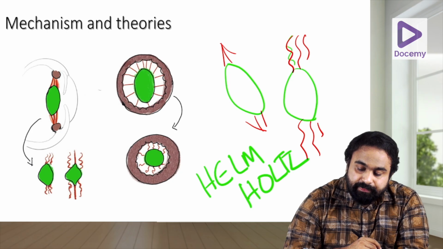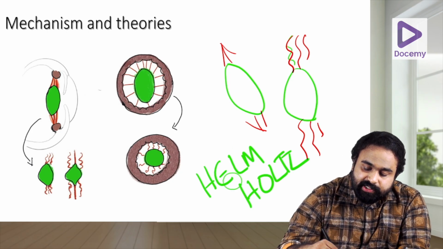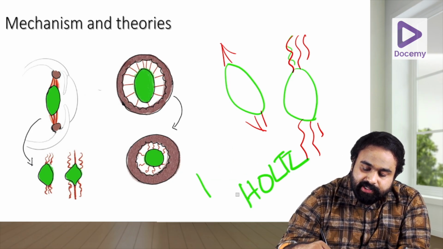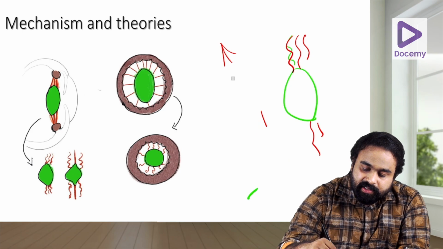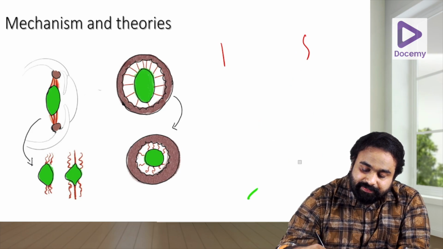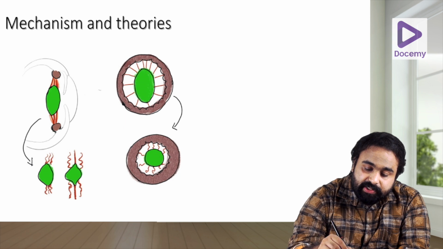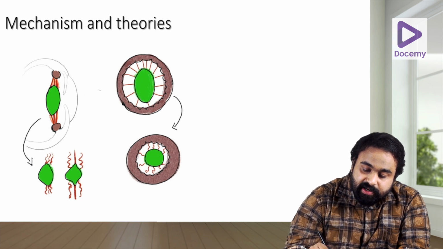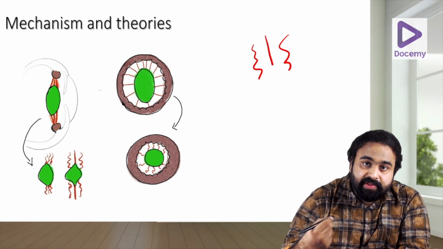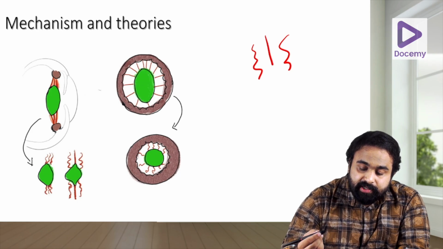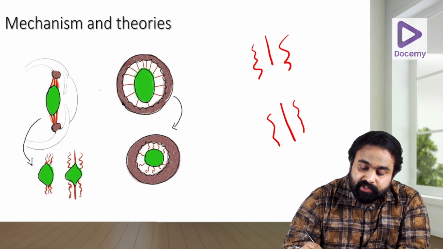Helmholtz theory. Then another scientist told that it is not like that. Actually, due to the peculiar arrangement of the fibers, central zonules are getting tensed when the ciliary body is contracting, and the peripheral zonules are relaxing.